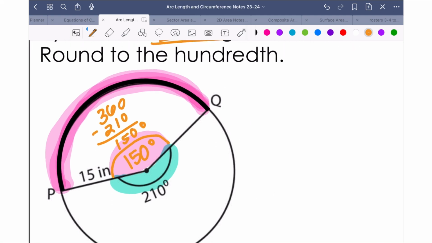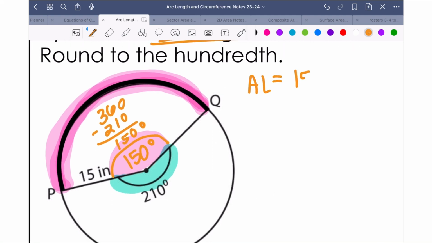Okay. All right, let's do our formula now. Your arc length is equal to 150 degrees out of the full 360, because I'm only looking at this set portion, times 2 pi and your radius. Okay, so my radius goes from here to here, so that's 15 times 15.